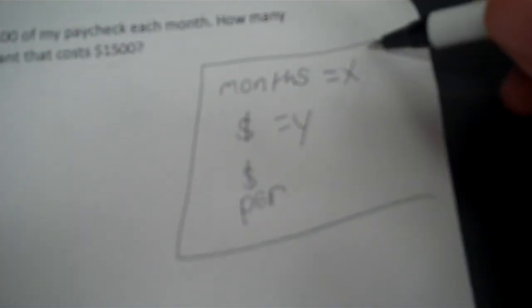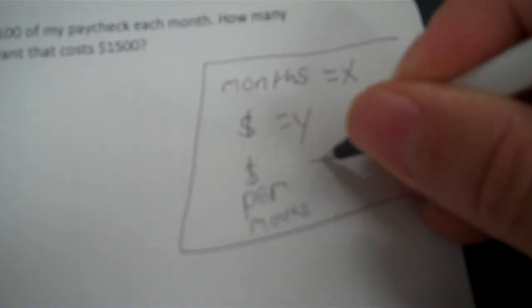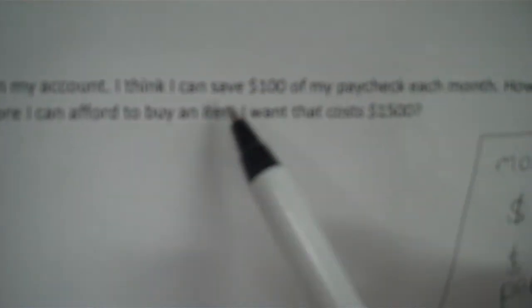Now per, how are we going to label the per? Y is money, so money goes on top. X is months, that goes on the bottom. So we have to find the dollars every month. It's not 600, that didn't say it's every month. It says I can save $100 each month, so that happens every month, the 100.